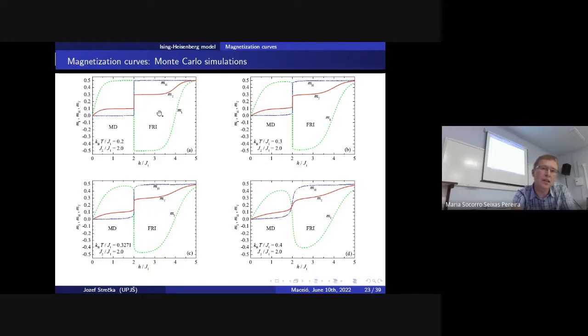You also see that there is no phase transition, and there is just a simple crossover from the ferrimagnetic state to the fully saturated state, in agreement with what I showed you before, that the effective coupling is zero. If you increase temperature, the jump diminishes, all dependencies become smoother. This is very close to the phase transition, but slightly below, so one can still see some smaller jump.